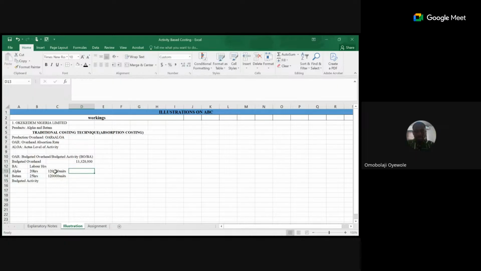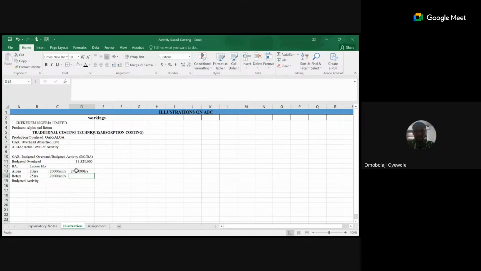I might not be able to multiply because of the units I put there, so let's use our calculator. 20 times 120,000 is 2,400,000 hours. Remember, the budgeted activity will be in hours.